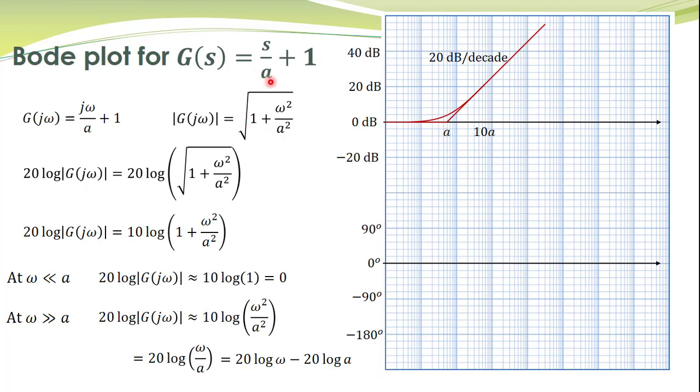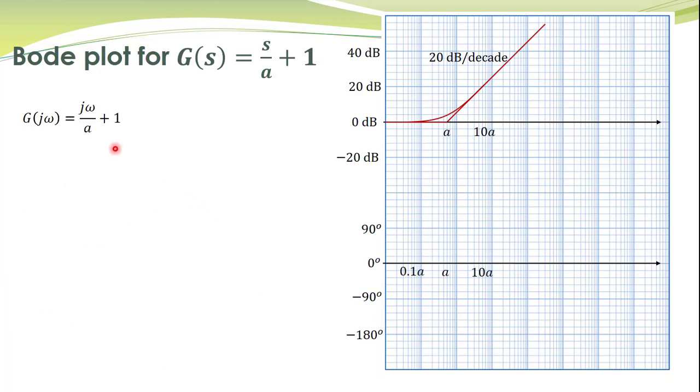What about the phase response? For the phase response, again we draw the asymptotic plots. That is the phase angle at lower frequencies, that is when omega is much smaller. We can ignore this term, omega over a will be much smaller. And what will be the phase angle?